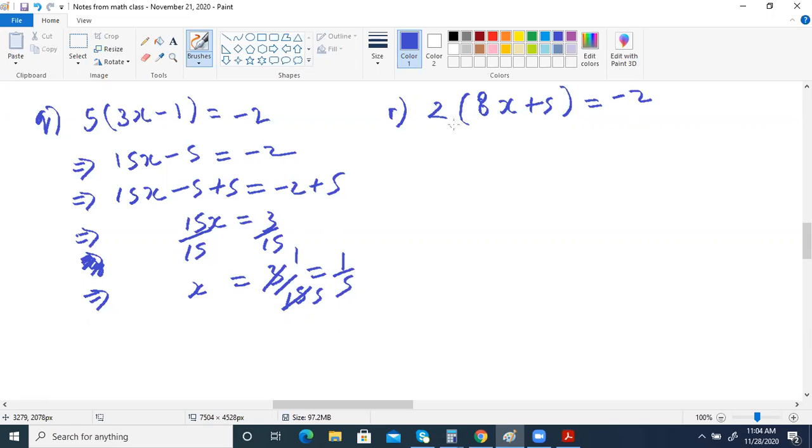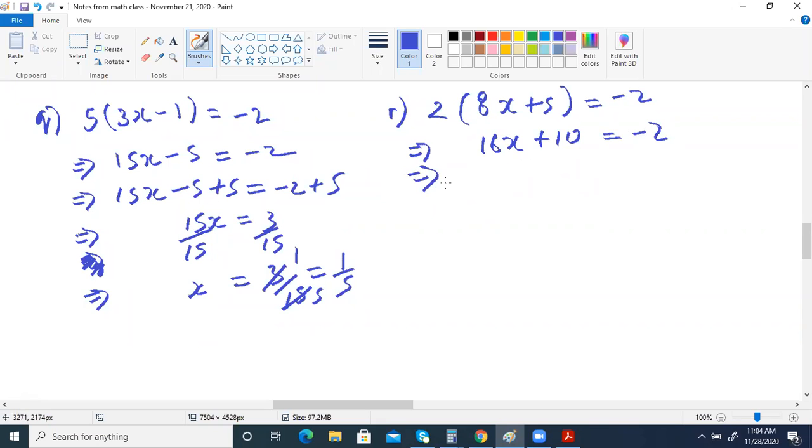So you're going to have 2x times 8, 2 times 8x equals 16x. So for this question, you can actually divide out by 2 and cancel, and you just have 8x plus 5 equals minus 1. So you can do that, or you can multiply it out as you're suggesting right now. So you get 16x plus 10 equals minus 2.